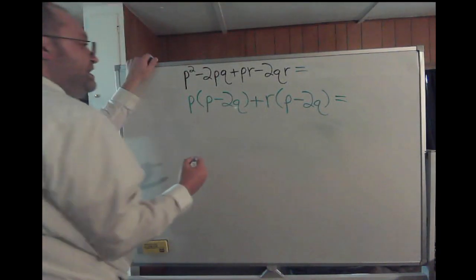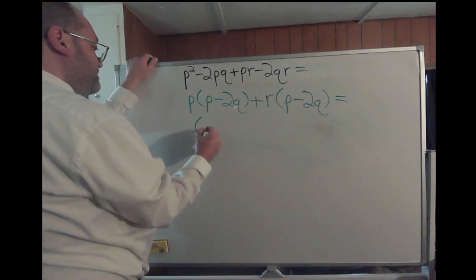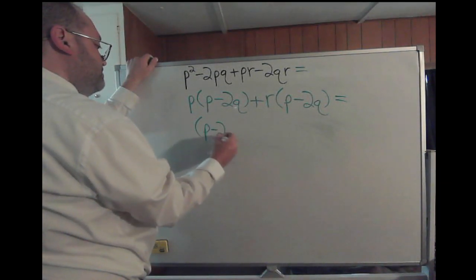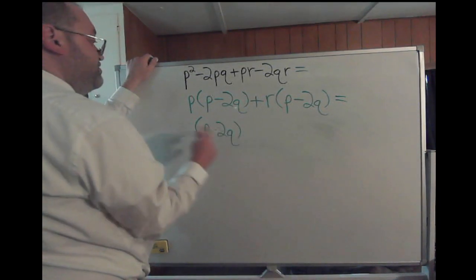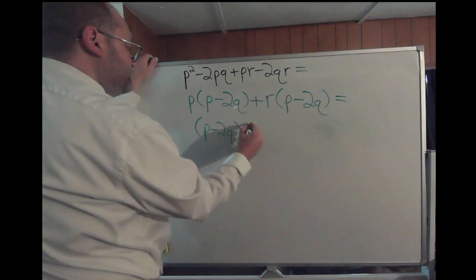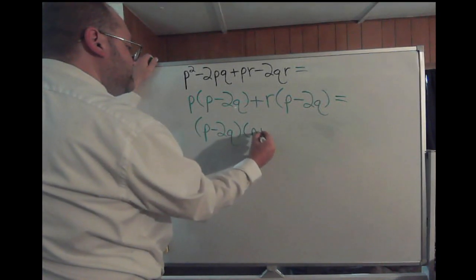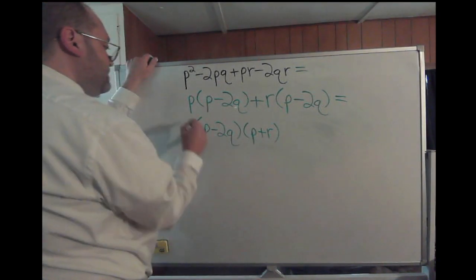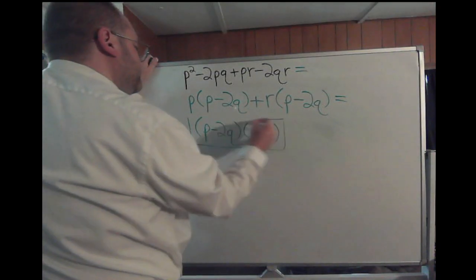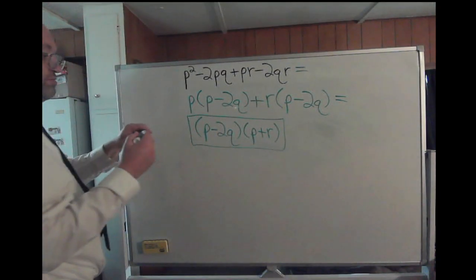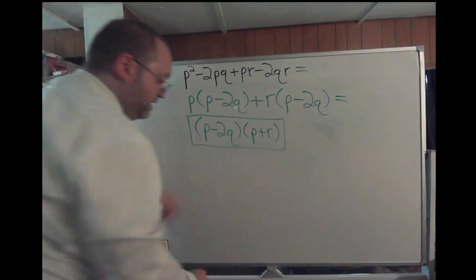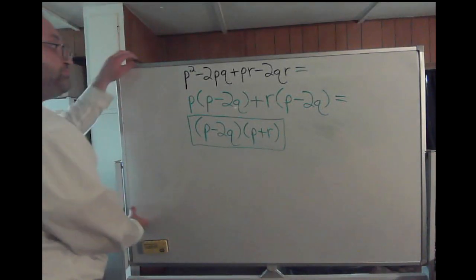So we can factor out the p minus 2q. That's just going to leave you with p plus r for your second factor. So the factorization of this should be the quantity of p minus 2q times the quantity of p plus r.